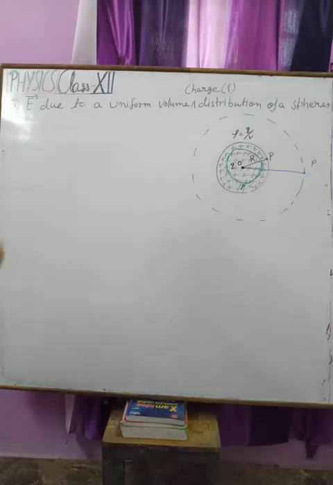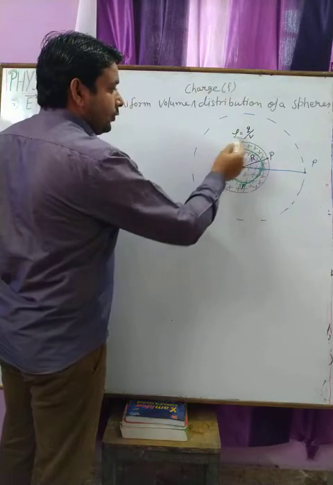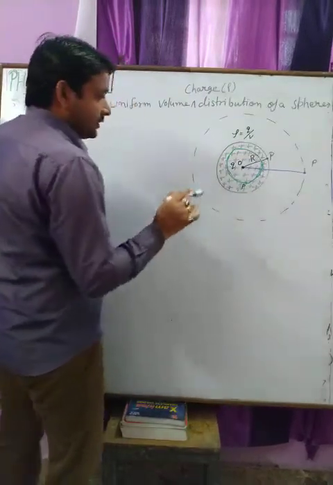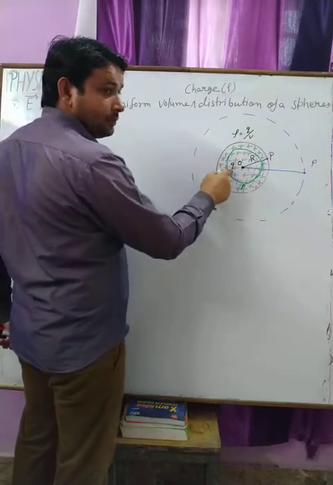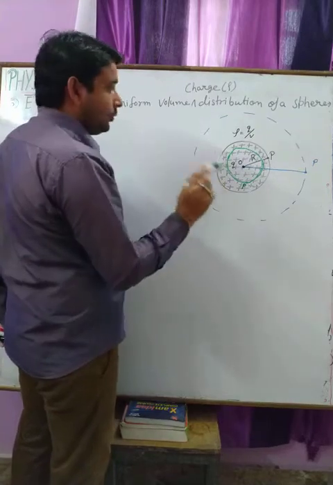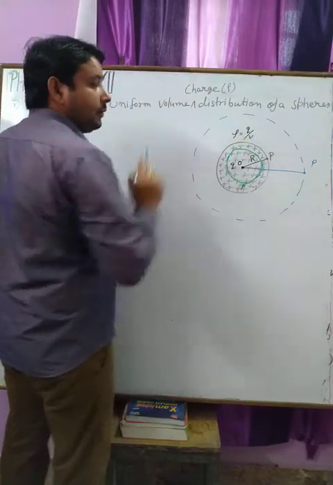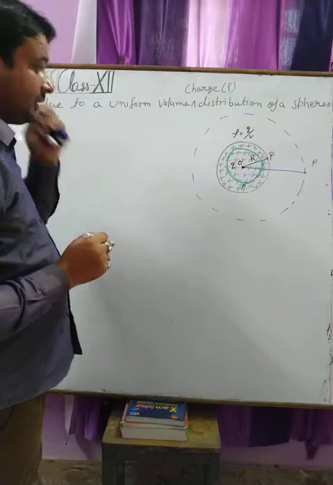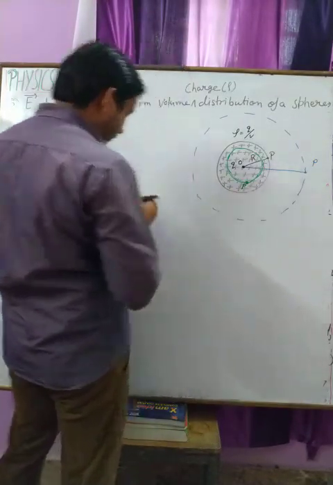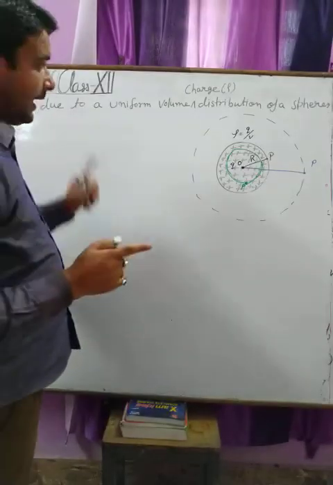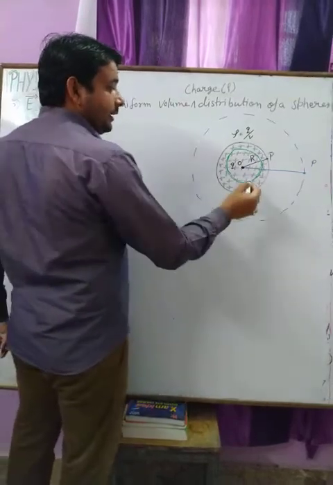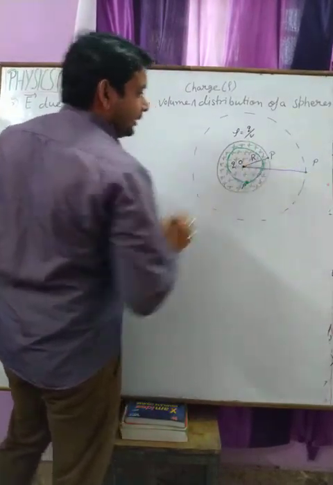Okay students, we have a uniformly charged sphere charged with Q charge and having the volume charge density Q upon V, where V is the volume of this sphere. Again, we can calculate the electric field at all three points as we did for the thin spherical cell: inside, outside and on the surface.